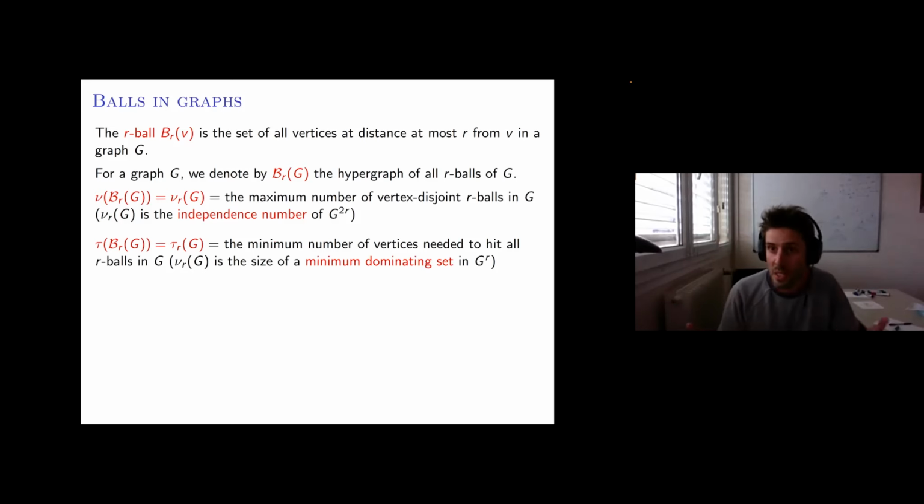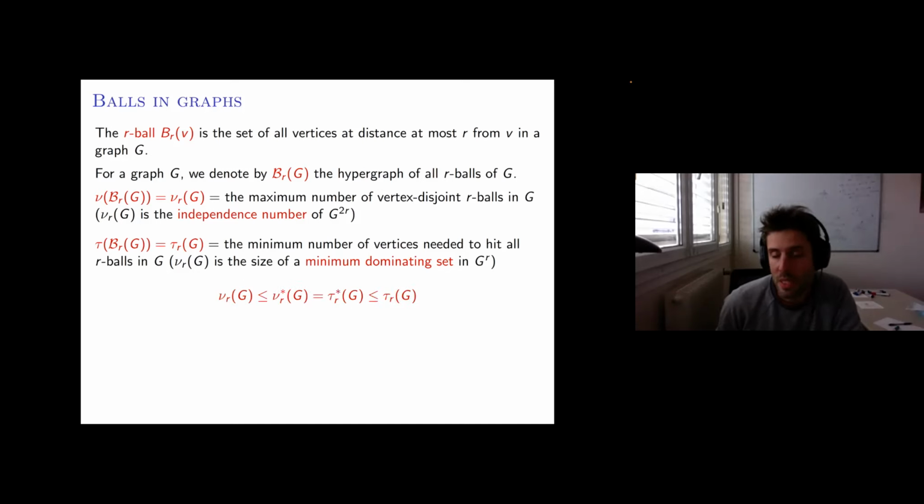So it's exactly a dominating set in G to the R. So these two parameters, tau and nu, have a very nice and natural graph theoretic interpretation for ball hypergraphs. And actually this problem of packing and covering has been considered directly, and I'll go back to that, but yeah. So this has a natural interpretation into graph problems.